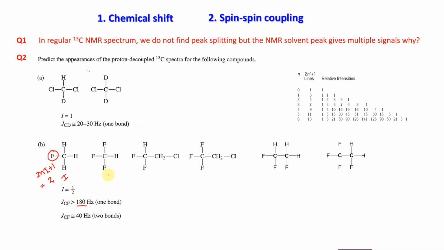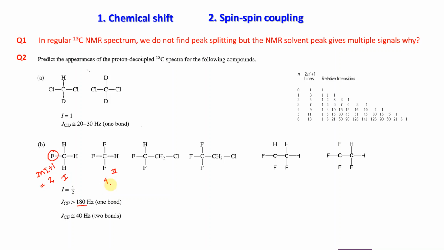Now you tell me what will be the number of peaks for trifluoromethane? For this compound 2, how many peaks are you going to get? Yes, it will be 4, n plus 1, right? 2NI plus 1, ultimately it will be n plus 1, so it will be 4 peaks. Now these 4 peaks, what will be the intensity, how will it come?